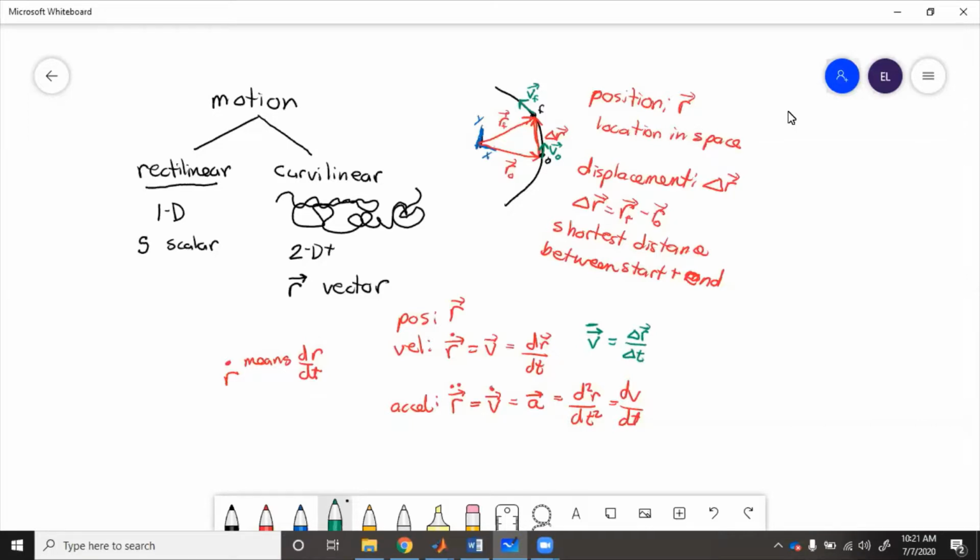Now you can see this is a little bit different because you have the delta sign rather than the d. So this d is infinitesimally small. The delta is not infinitesimally small. It's like an actual measurable distance. So instantaneous, average.